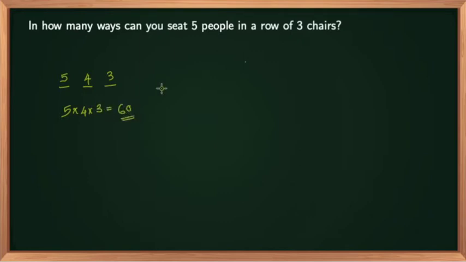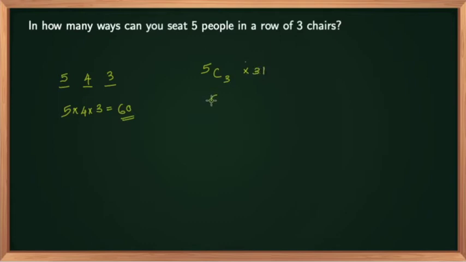Okay. Now, using the formula, let us select first three people from five people, which can be done in 5C3 ways. And these three people can be arranged among themselves in 3 factorial different ways, right?